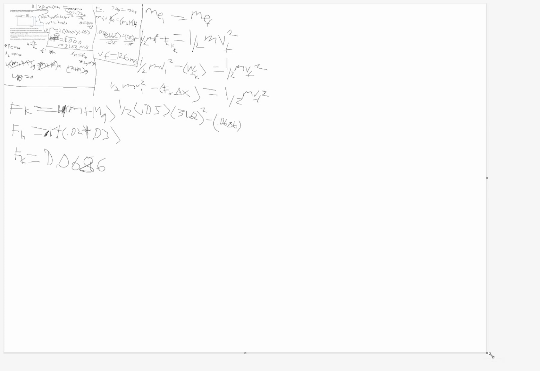It's just 0.05. Initial velocity, we figured that out in a previous part, which is just 31.62 squared minus, and then now for the friction, Fk, we just figured out was 0.0686. Let me zoom out more.